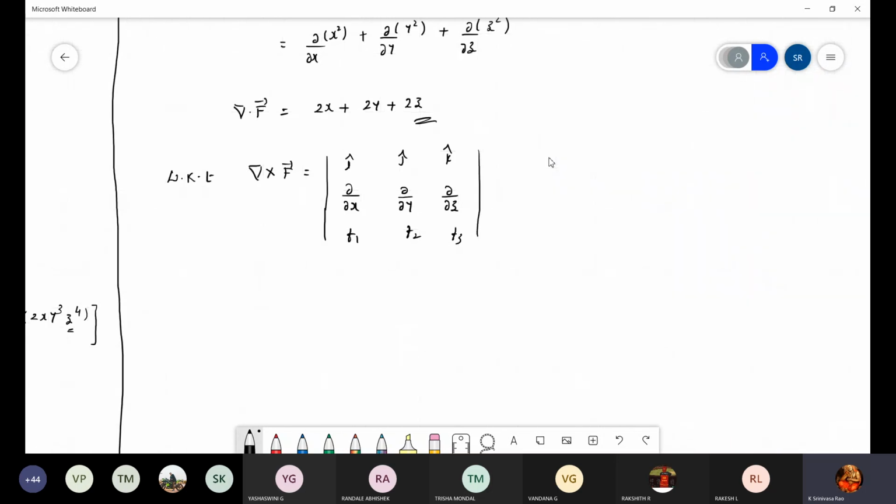So that gives i, j, k, dou by dou x, dou by dou y, dou by dou z. F1 is x square, then y square and z square. So simple terms here. Simplify the 3 cross 3 determinant.